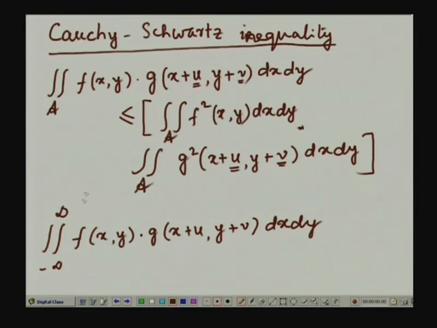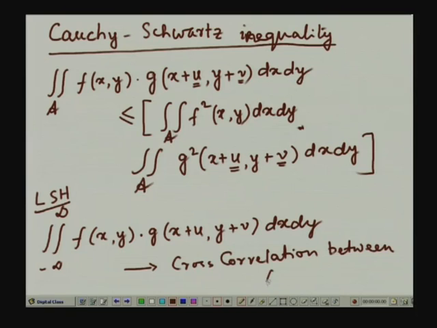So, this is what we get from the left hand side of the expression. Now, if you look at this particular expression, that is f x y into g x plus u y plus v dx dy, double integral from minus infinity to infinity, this is nothing but the cross correlation between f and g.